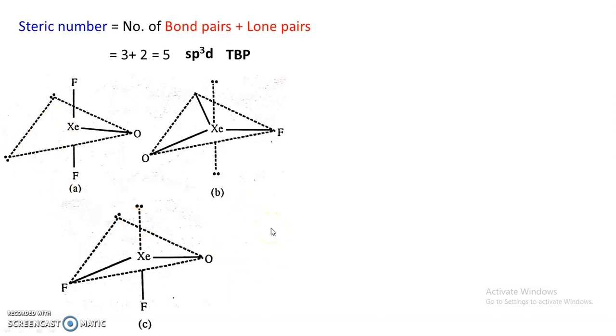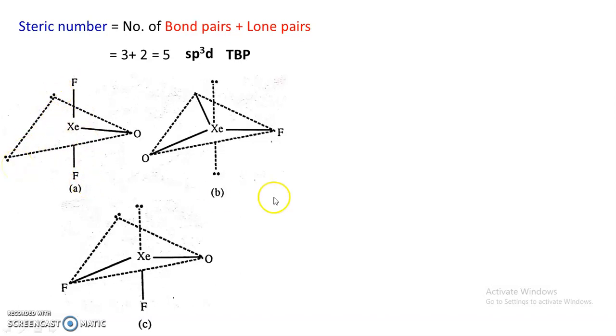According to VSEPR theory, the structure should be one where there is the minimum possible repulsion between electron pairs, and this is the most stable arrangement where 2 fluorines occupy axial positions and 2 lone pairs occupy the equatorial position.